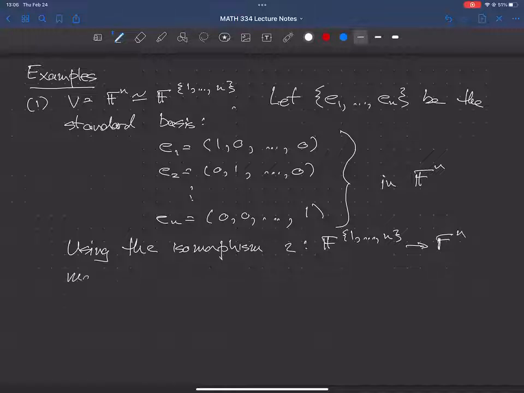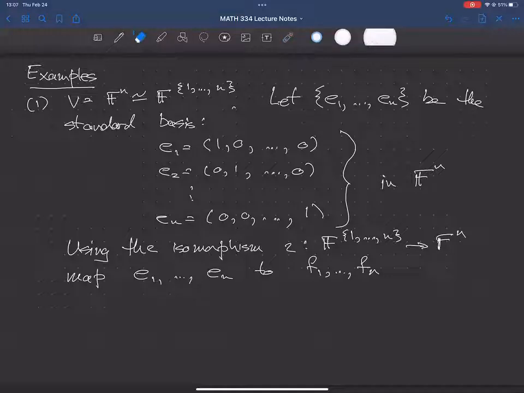So this maps E1 to En to F1 to Fn. Actually, because I'm starting with Fn here, I'm talking about the inverse.